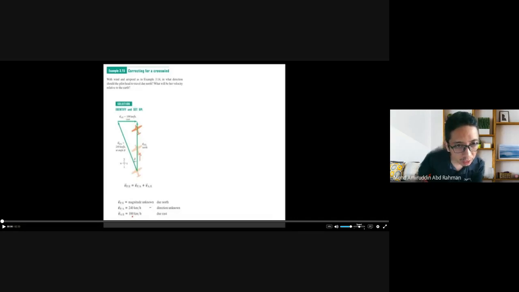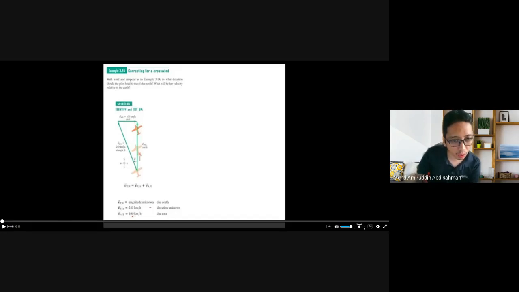The wind speed is 100 km per hour towards east. We have the airspeed: the airspeed magnitude we know, but the direction we don't know. And we know the final direction is towards north, but the magnitude of the final velocity we don't know.